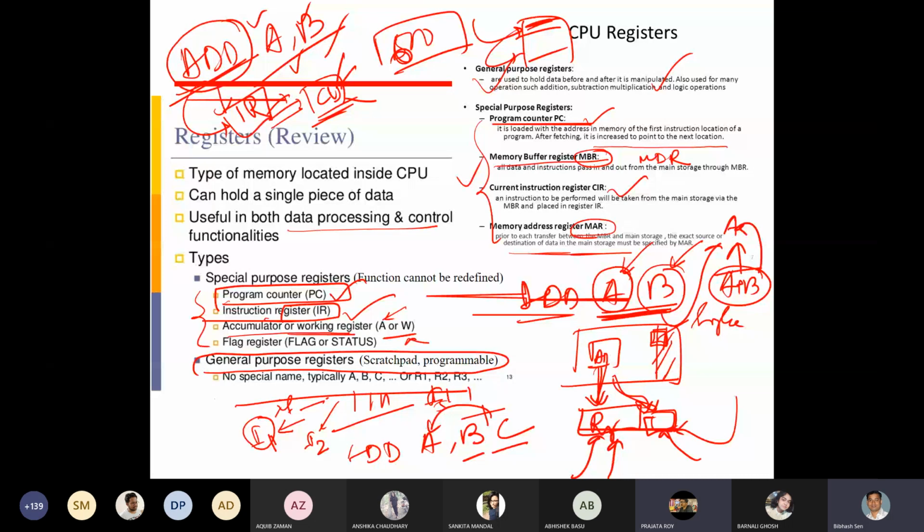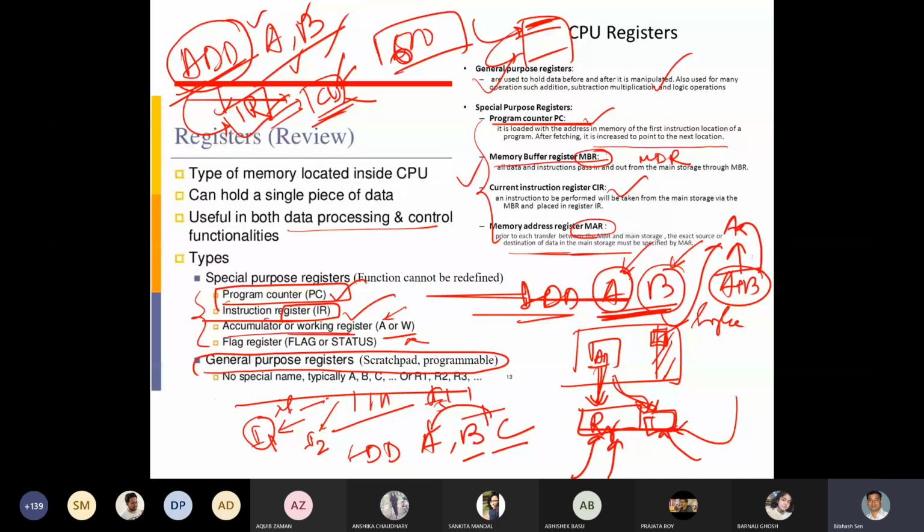When A and B are loaded, other registers may not even be trying to fetch the data. The control unit will disable the path so that data from other drives will not be loaded. Now, when the IR finds the add instruction, it will directly decode it using a decoder, because the decoder size also depends on the instruction architecture. I am not going into more detail because we will go day by day.